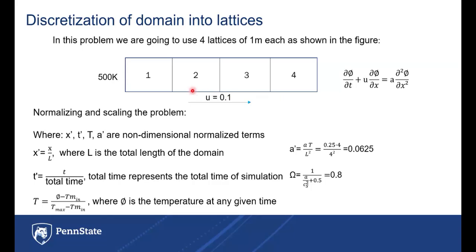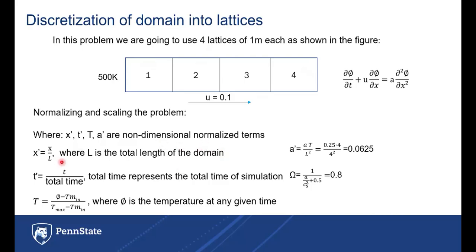So here is the discretization of the domain into lattices. In this problem, we are going to use four lattices of 1 meter each, as shown in the figure, and the X pre, T pre, capital T and alpha pre are all non-dimensional normalized terms.